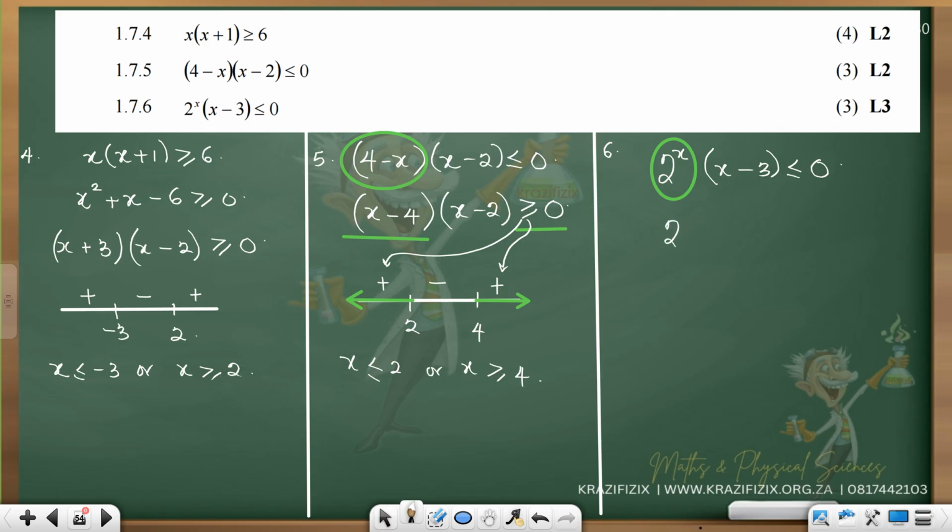We said 2 to the power x can never be negative, so this is always greater than 0. The examiner would actually give you 1 mark for writing that, for any value of x. It therefore means this is already positive. This has to be negative. So it means x minus 3 must be less than or equal to 0.